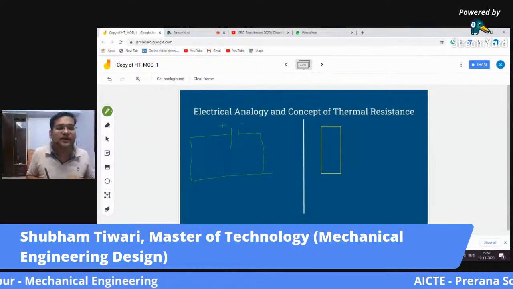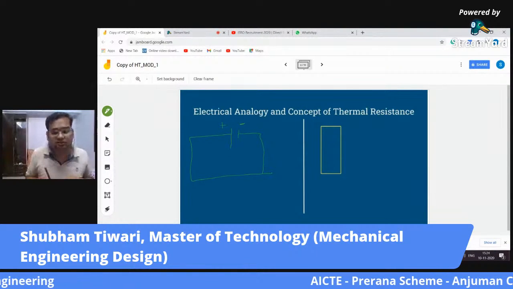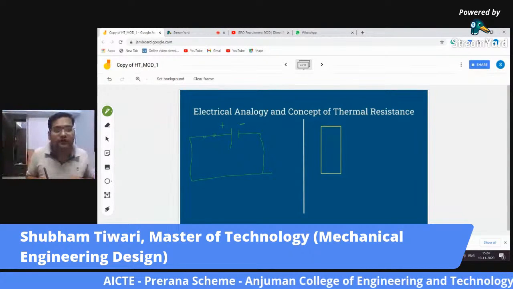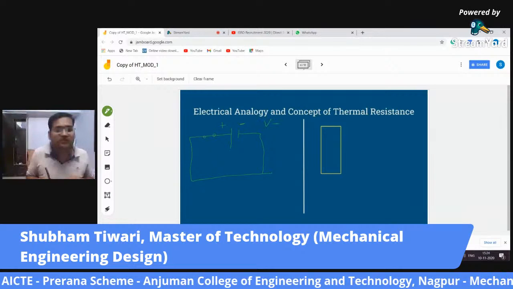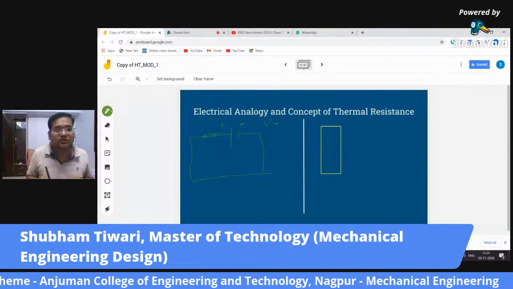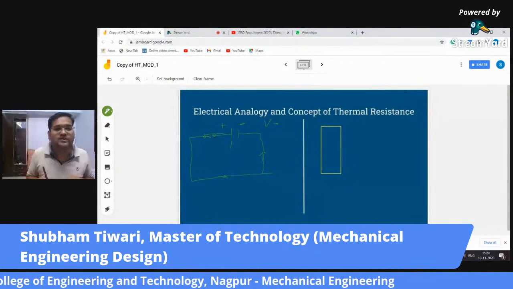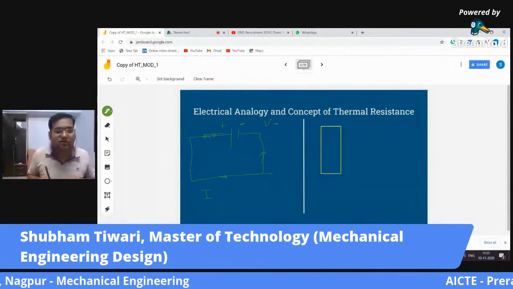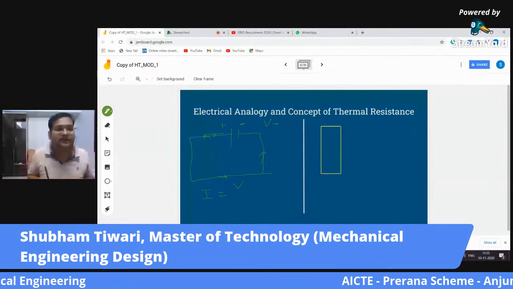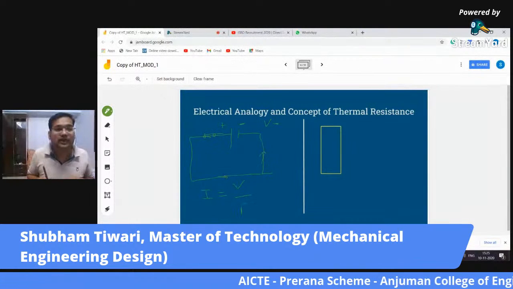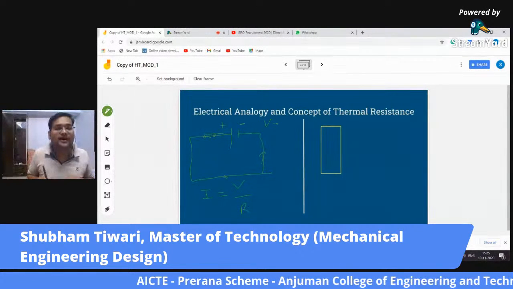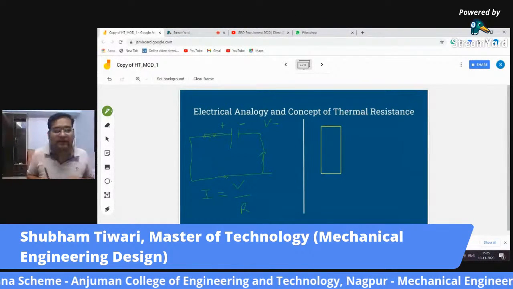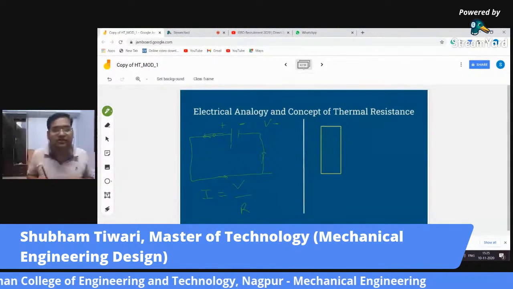This is a battery connected to it. The circuit is closed as the key is closed, and due to the potential difference V, the current will flow from higher potential to lower potential. And there is a very well known formula that current is equal to the ratio of voltage divided by the resistance provided by this conductor to the flow of electrons.